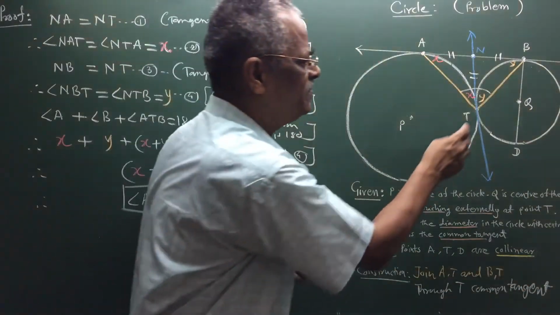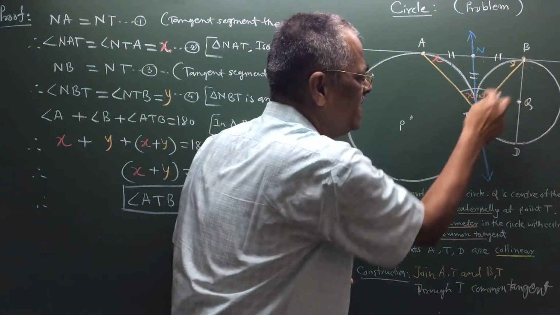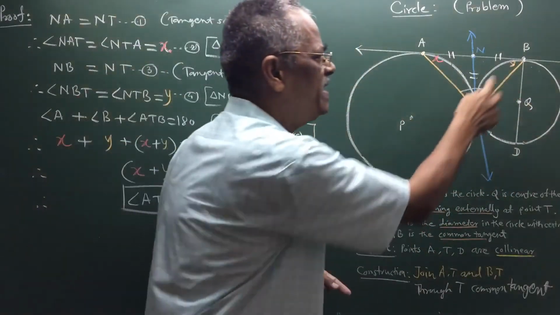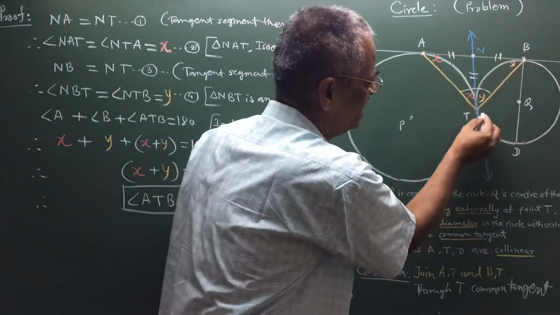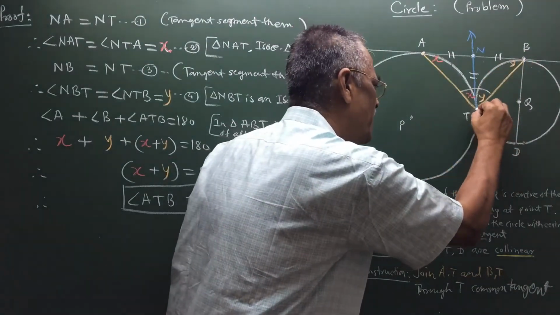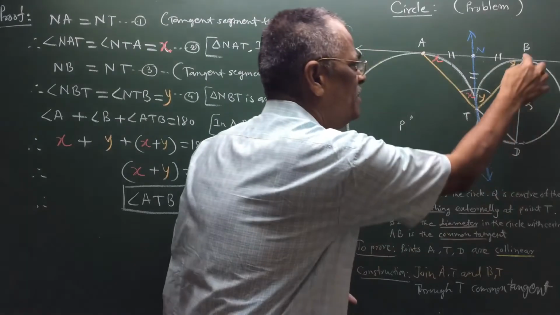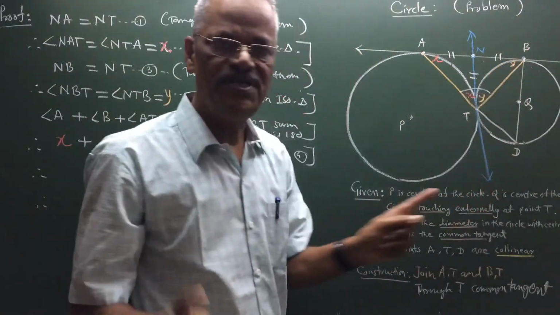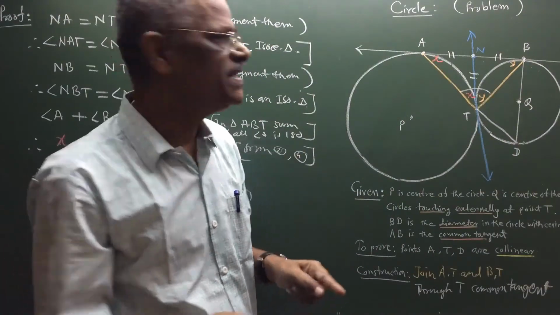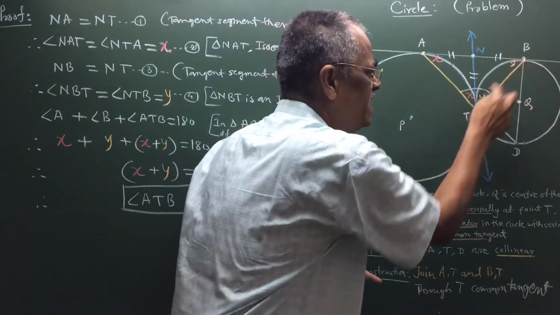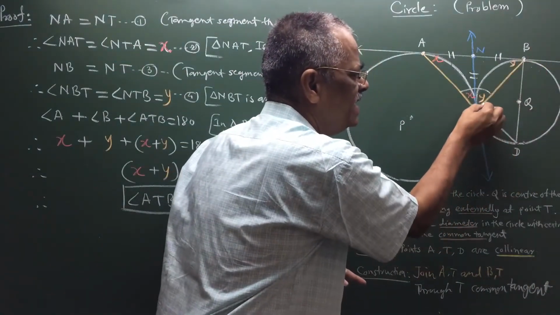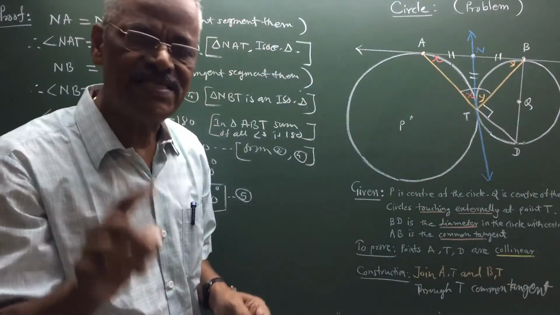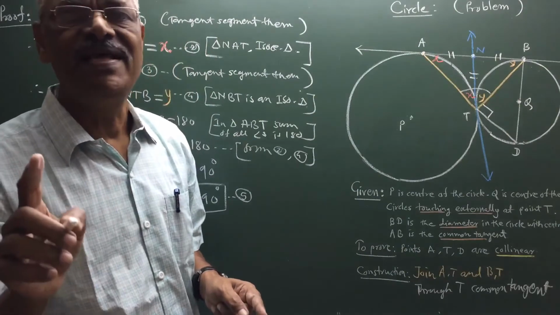For that we have to find out the measure of angle BTD. How to find out the measure of angle BTD? We have to think about BD. BD is the diameter. And angle BTD is an angle inscribed in the semicircle. We know that an angle inscribed in a semicircle is a right angle.